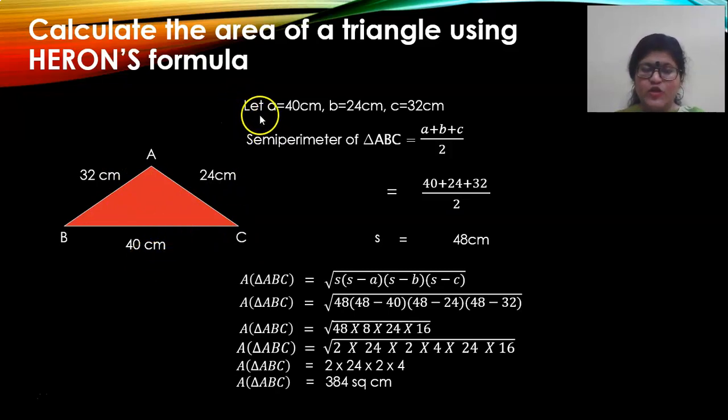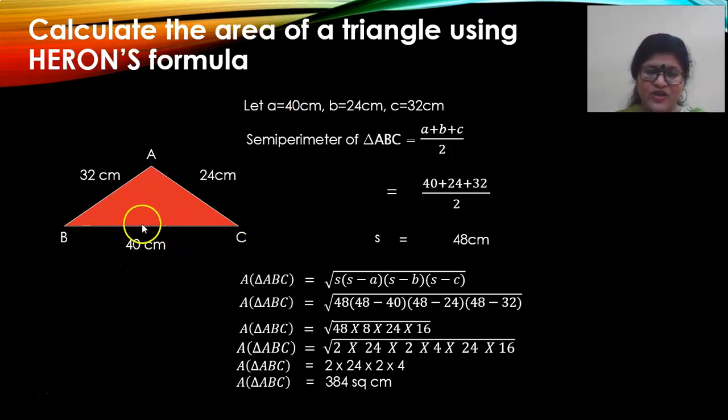Now you start off the solution by mentioning let small a equal to 40 centimeter, small b equal to 24 centimeter and small c equal to 32 centimeter. Ideally, what is a out here? Look at angle A. The side opposite to A is small a.